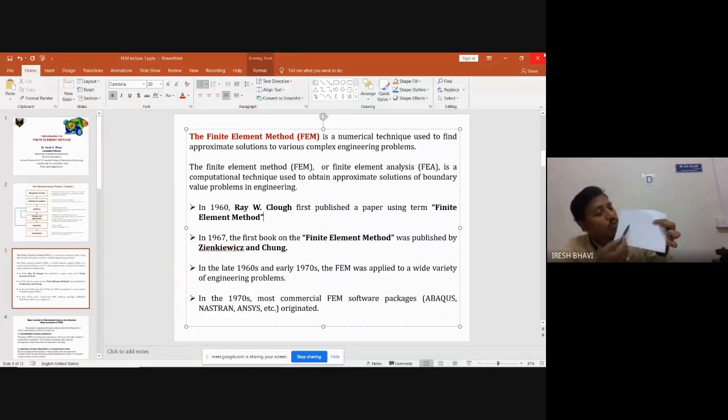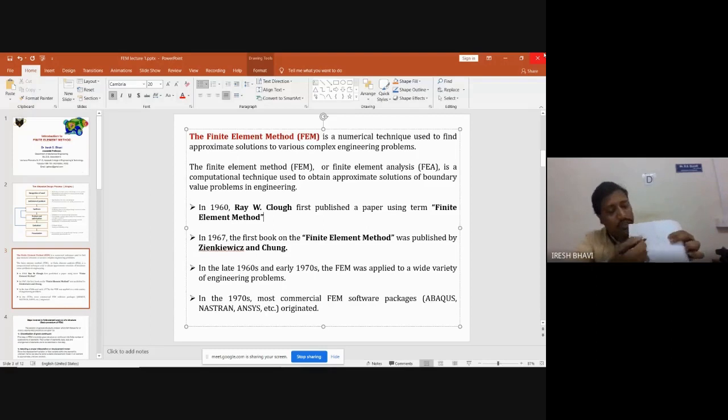So here finite element method means what? In this method, if any problem is there, we divide that problem into finite number of parts. Each of those parts is called an element. So this method is called finite element method.